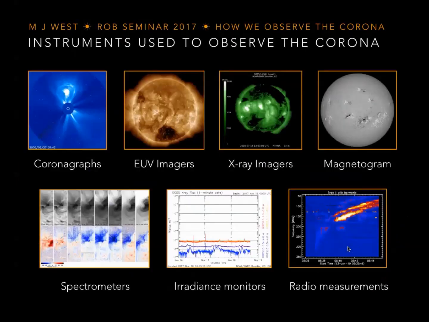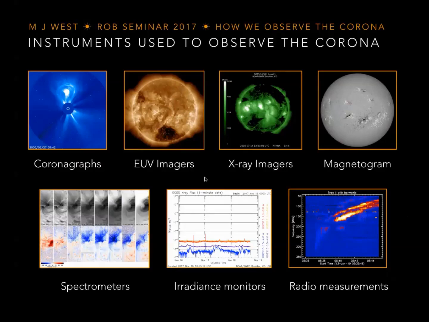So I've picked out a few of the more fundamental images and detectors that we actually use. There are many other ones, but I'm going to be concentrating on these ones at the top throughout this talk. That's mainly because this talk is just looking at the phenomena in the solar atmosphere.